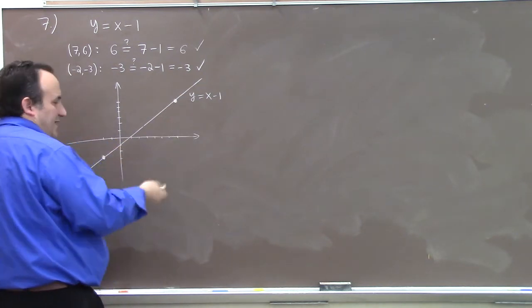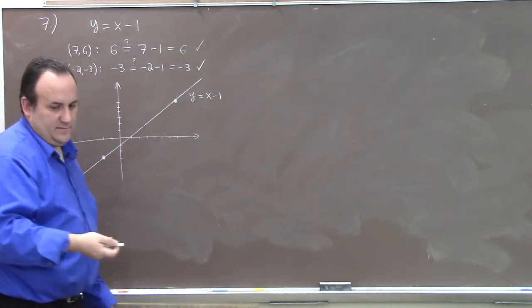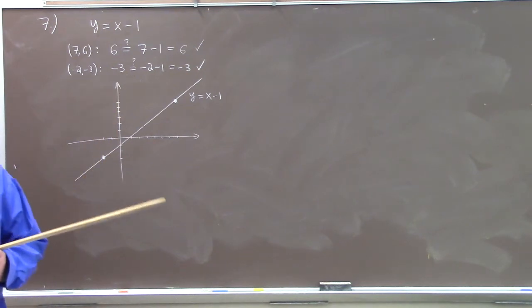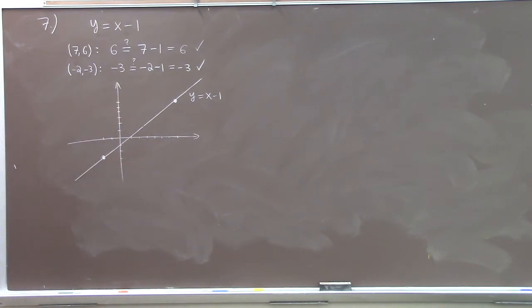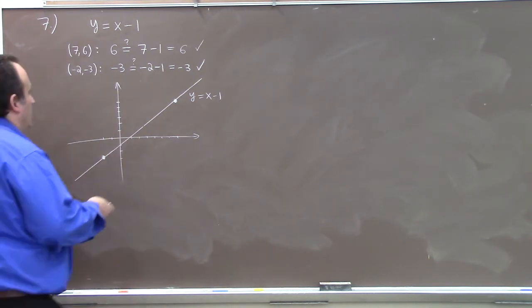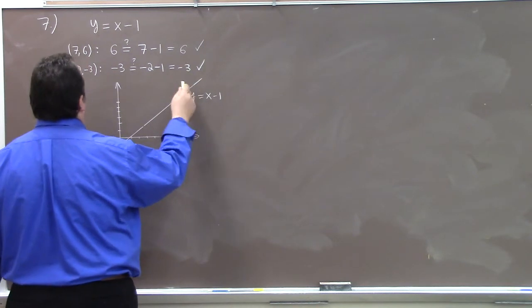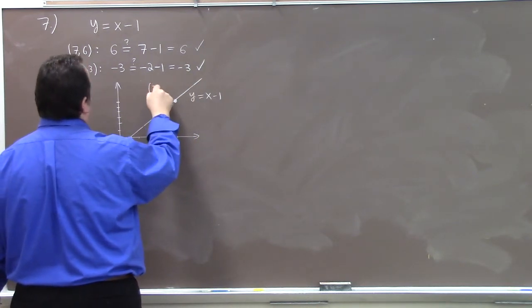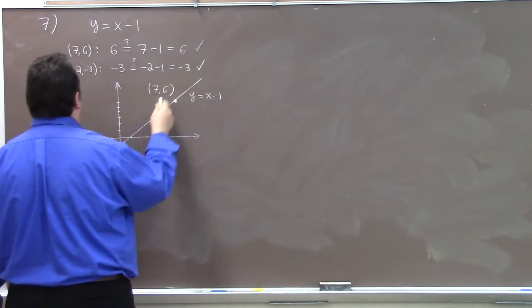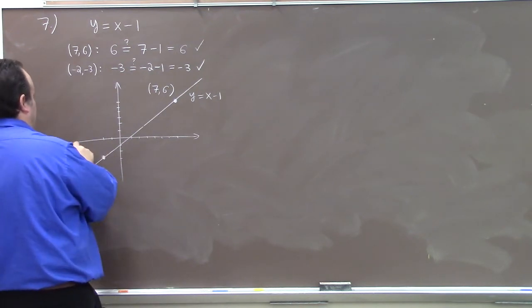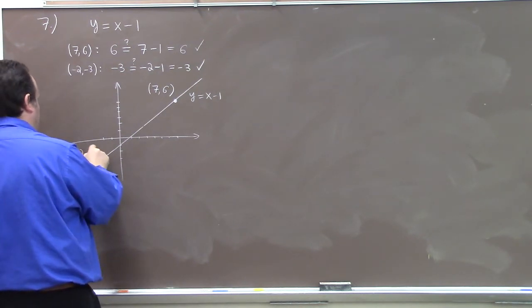Did the problem ask you to graph? It didn't, did it? He said then use the graph of the 2 points to determine another solution. Oh, okay. Well, I would think the question would be more natural if they said use the graph of the line going through these 2 points to find another solution.